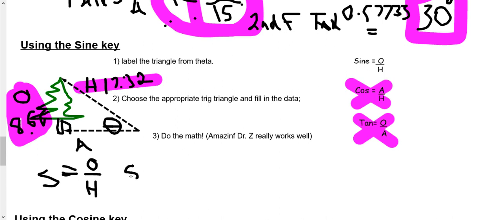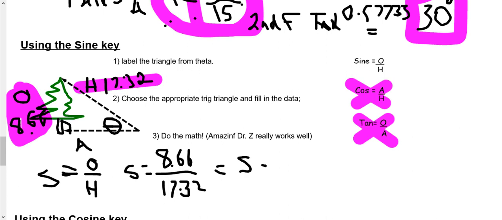So sine is equal to, opposite was 8.66 over 17.32. Now when we do that math, 8.66 divided by 17.32, we're going to get sine is equal to 0.5. So now what do we do?